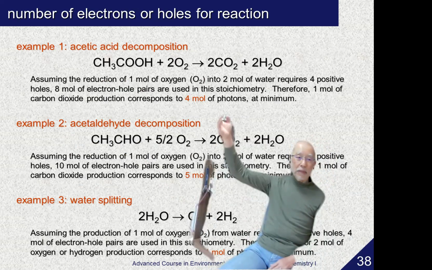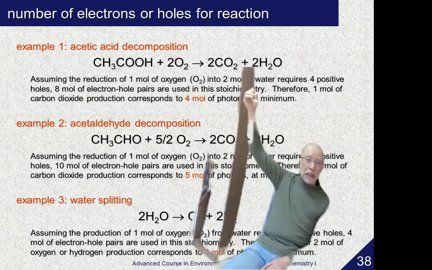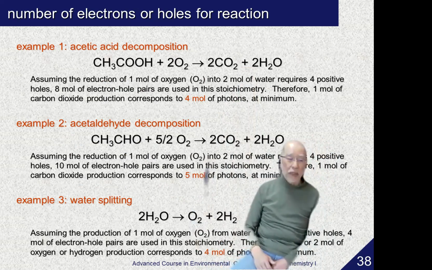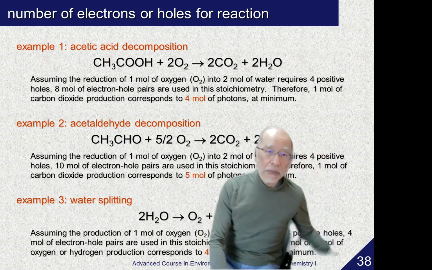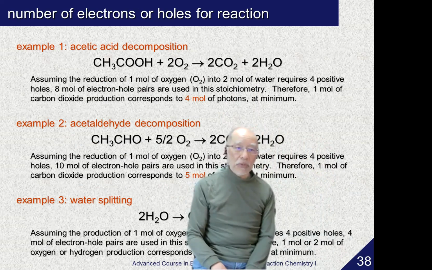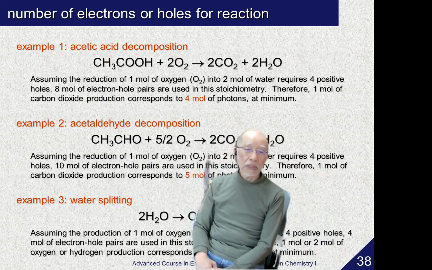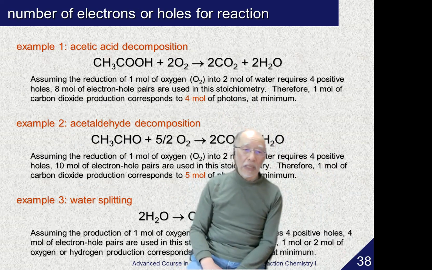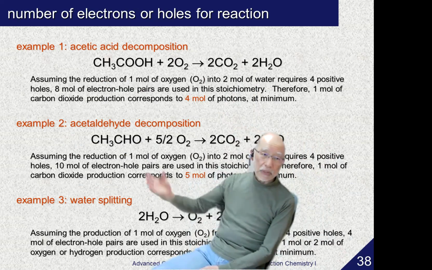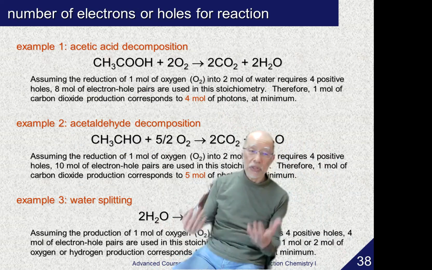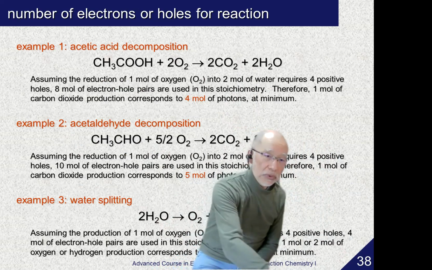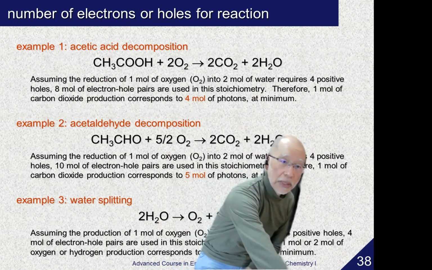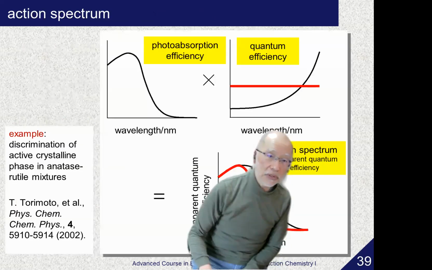For example, for acetic acid decomposition, if that is measured in the amount of carbon dioxide, 4 moles of photons are necessary to produce one carbon dioxide and something. By using those assumptions, it is possible to analyze the apparent quantum efficiency.